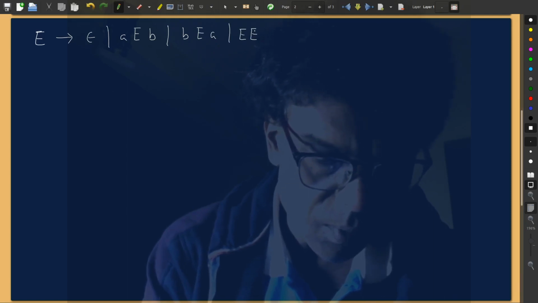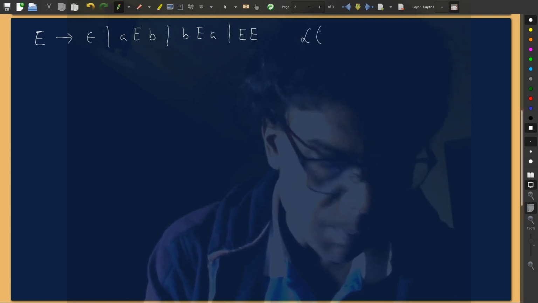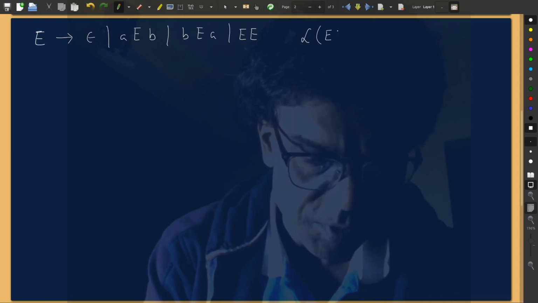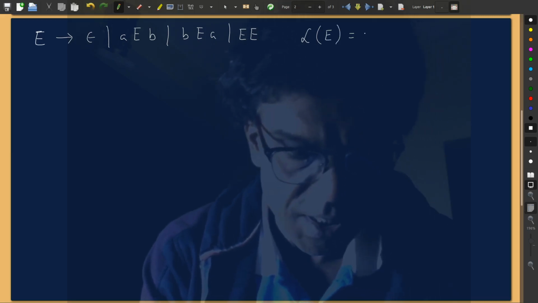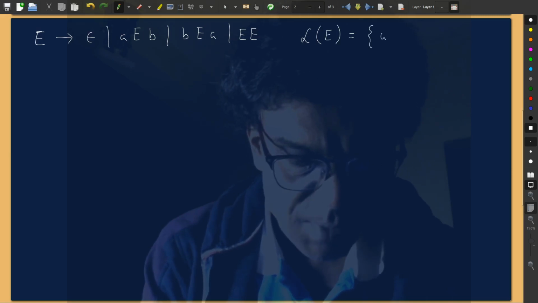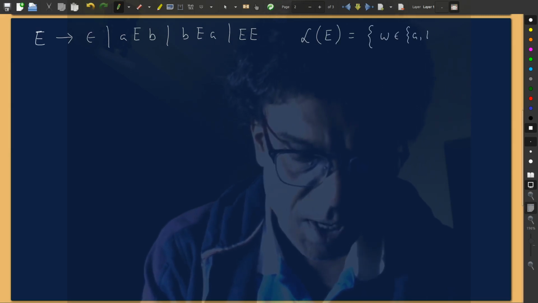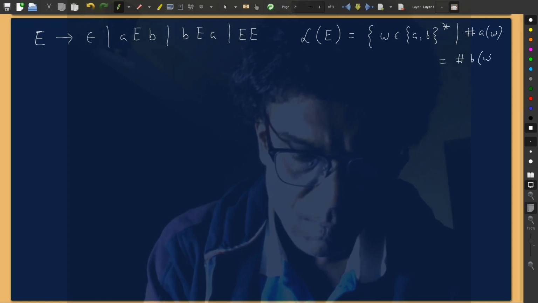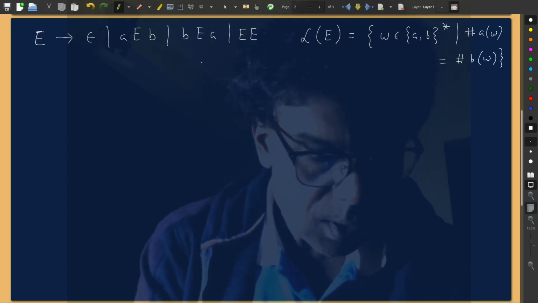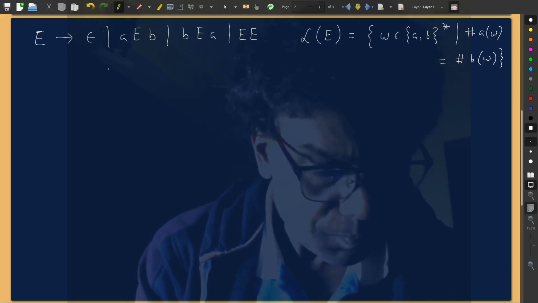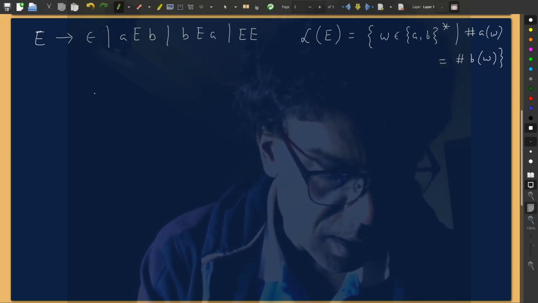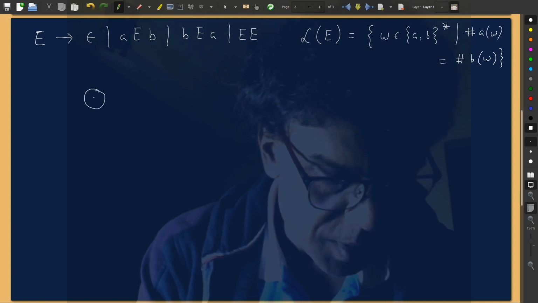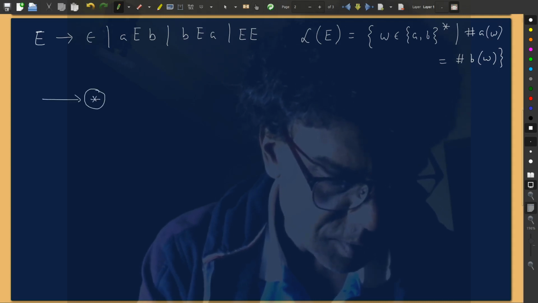You possibly remember that the language of this grammar, which is the language of the start symbol E, is the set of all w in {a, b}* such that the number of a's in w is equal to the number of b's in w. Okay. So, given this, how will my PDA look like? This is the start state.